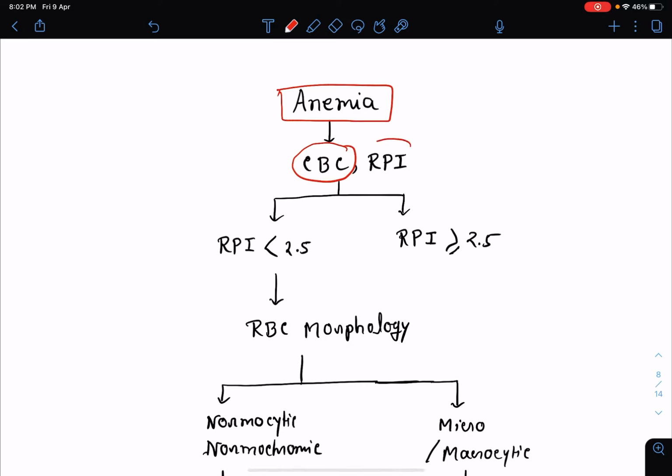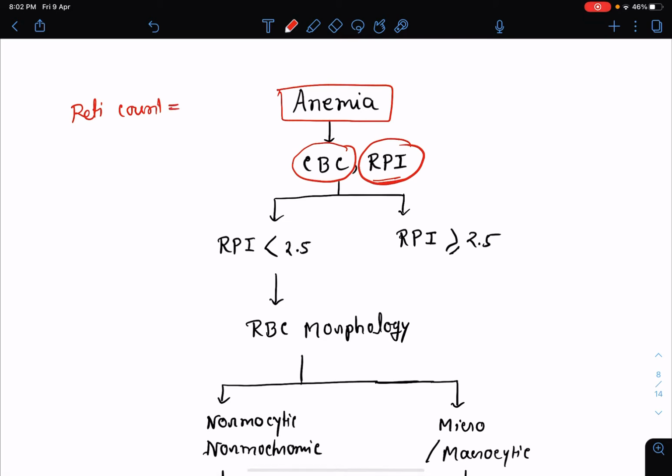Along with that, we're going to see reticulocyte production index. RPI stands for reticulocyte production index. Now, I'm going to tell you how to calculate the reticulocyte production index. For calculation of reticulocyte production index, we need to know the reti count first, reticulocyte count.